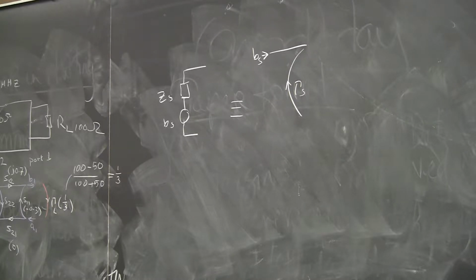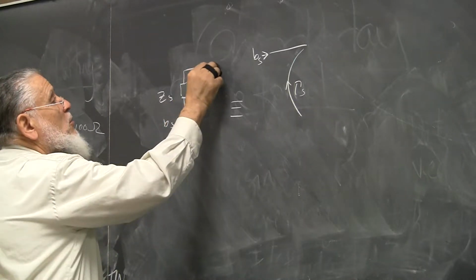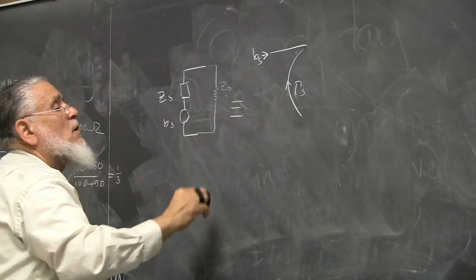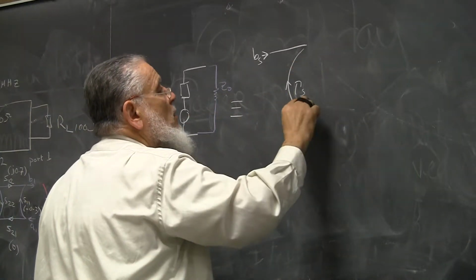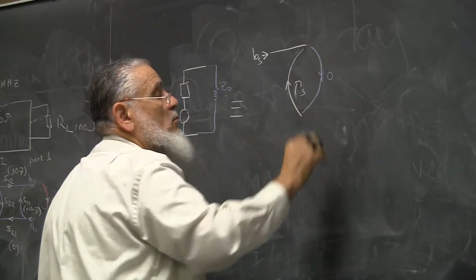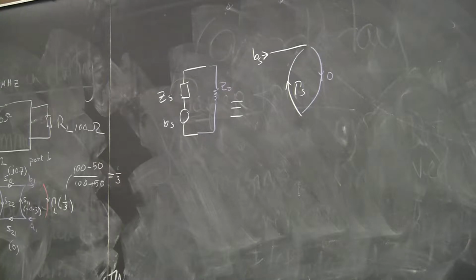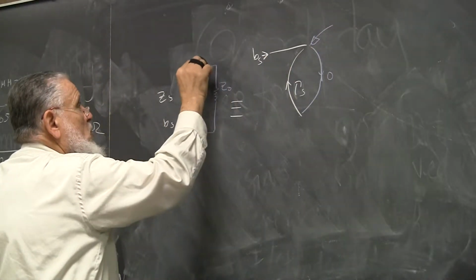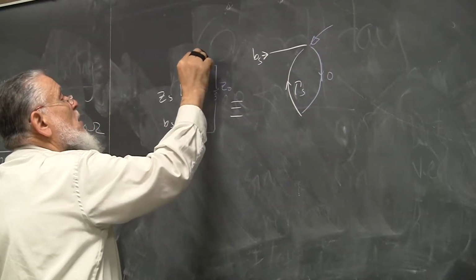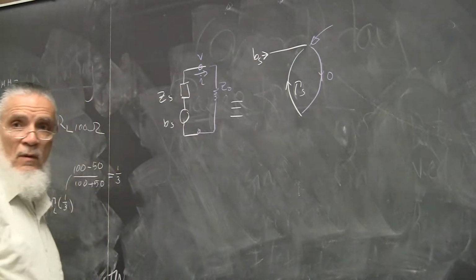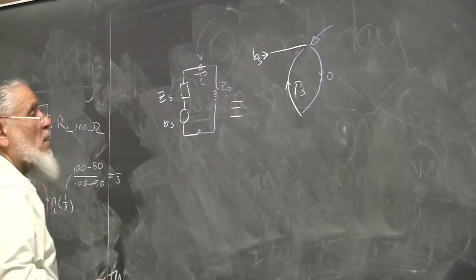The easiest way to do it is to say, okay, if I were to connect a matching load here, Z0, then I would connect here a 0, right? That's matching. Then the signal here will be related to the voltage here and the current here, V and I. All right?